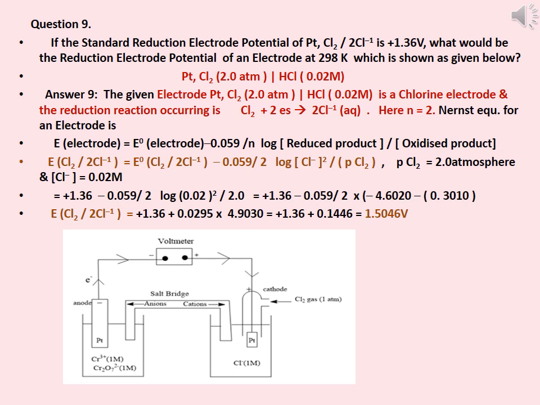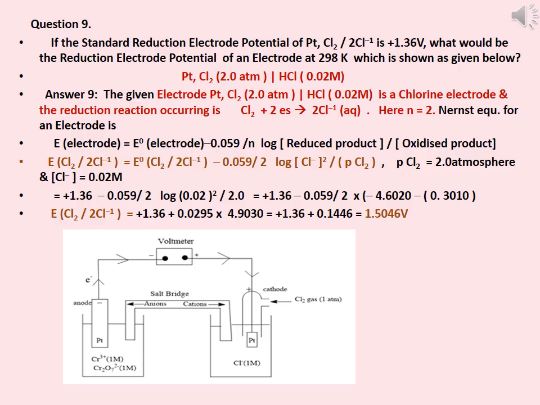So plus 0.0295 into 4.9030. There are two negative signs that have now been converted to a positive sign. So the E electrode is equal to plus 1.36 plus 0.1446, which is 1.5046 volt.